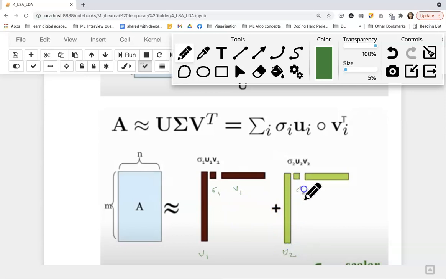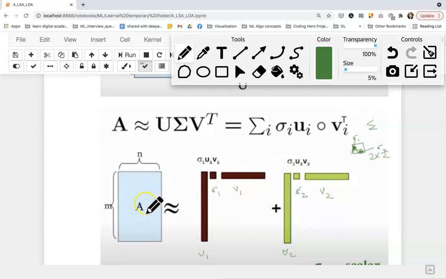This is sigma 2, the second singular value, and this is V2. Now which singular value am I talking about? We had a 2 cross 2 singular matrix. This sigma matrix I'm talking about, 2 cross 2. So this was sigma 1 and this is sigma 2. Now the addition of these two will give us A.